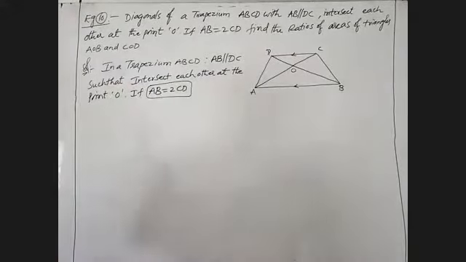Finally, we have to find the ratio of areas of triangles AOB and triangle COD.